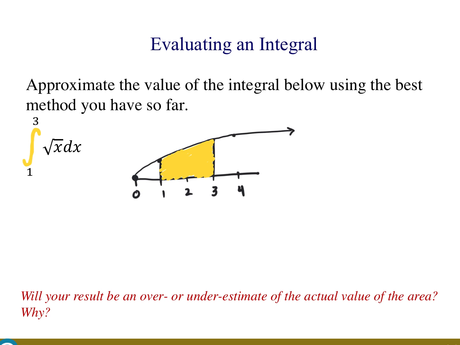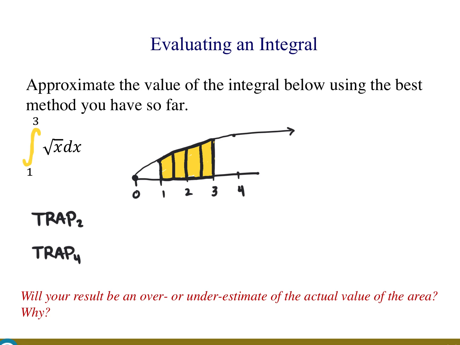While trap is our best method, if you decide to do trap 2, that's easy because it only takes 2 trapezoids, but it's not going to be as good as someone who decides, well, I'll do trap 4, and split this up into 4 trapezoids. Trapezoids are the best method, but more trapezoids will give you a better amount of accuracy.